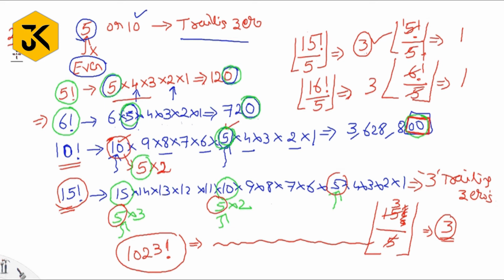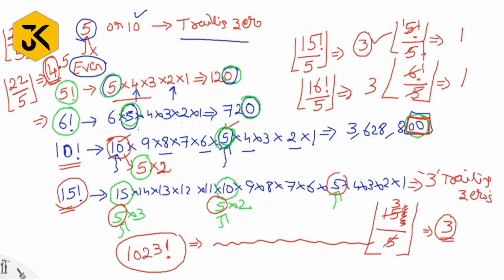Then simply 20 by 5 with floor. So total 4. For example, let us take 22. In 22 factorial, how many 5s are there? Simply divide 22 by 5, you will get 4 point something. But floor means you need to consider only the lower integer value, that is 4.